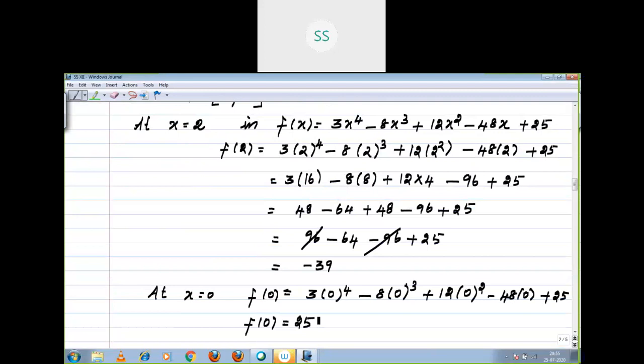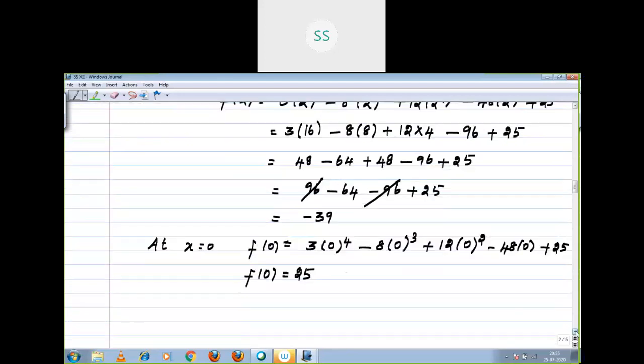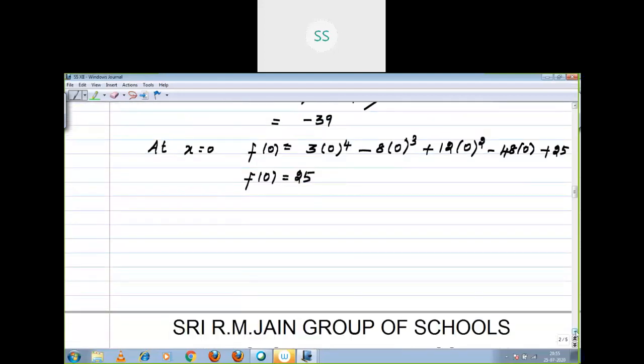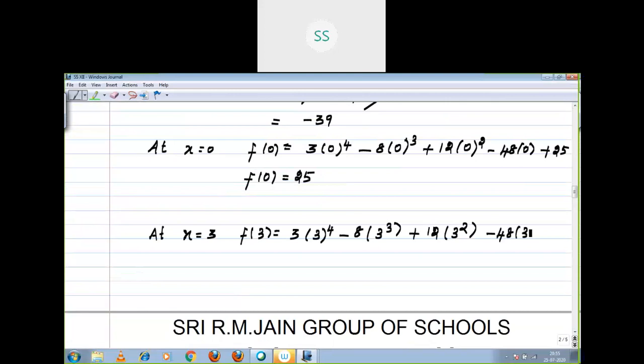Absolute maxima minima means you want to substitute the critical point and the end points of the given interval in the given function, right? At x is equal to 3, f of 3 is equal to 3 into 3 power 4 minus 8 into 3 power 3 plus 12 into 3 square minus 48 into 3 plus 25.